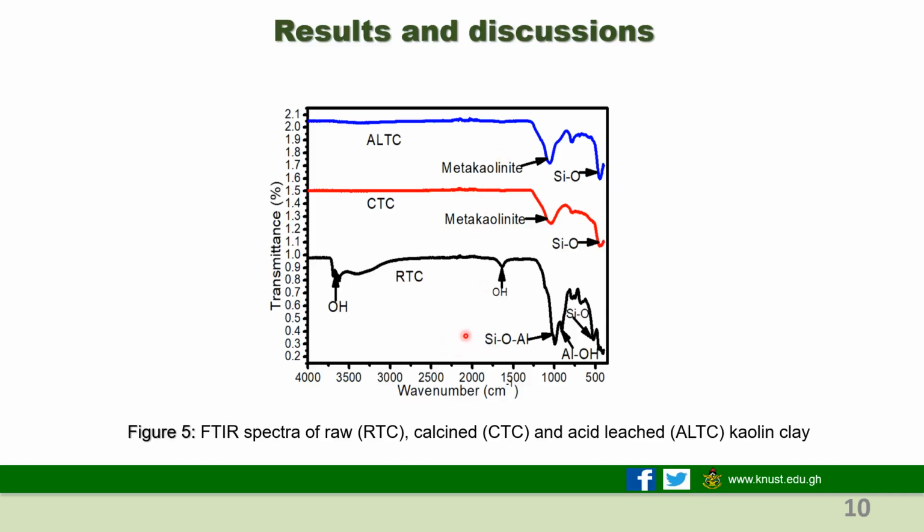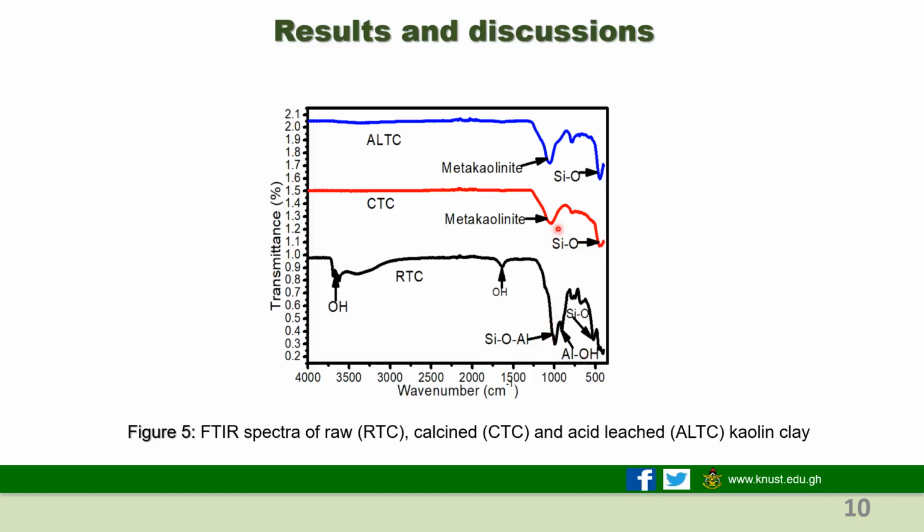The kaolinite groups, represented by the silicon-oxygen-aluminium bond vibrations and the aluminium hydroxyl group bond vibrations, were also present in the raw kaolin clay at 1,005 per centimeters and 913 per centimeters for the silicon-oxygen-aluminium bond vibration and the aluminium hydroxyl bond vibrations respectively.